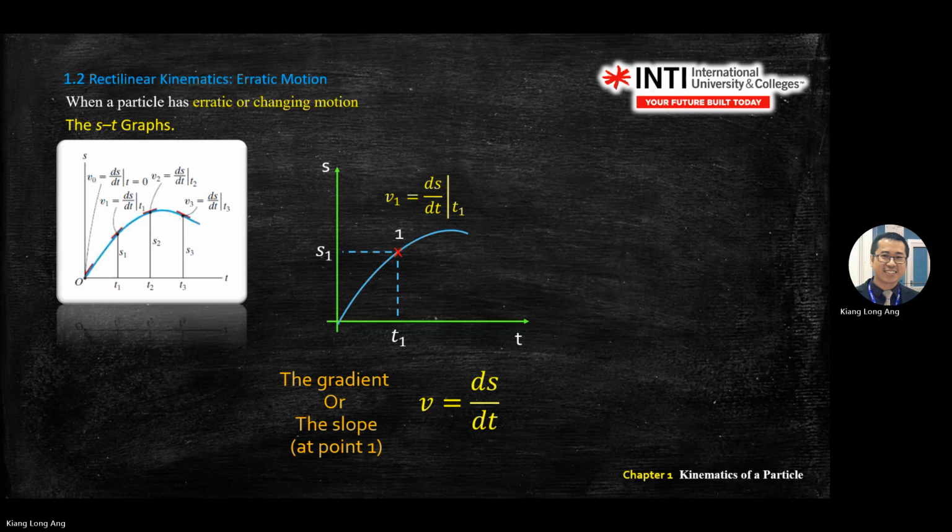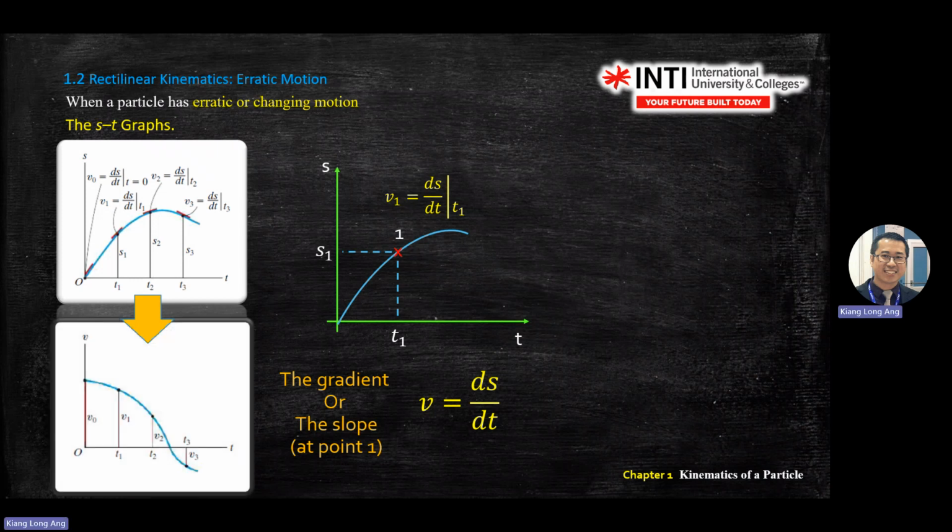Previously in mathematics, how do you get the gradient of a curve? Let's say you want the gradient of this curve at point number 1. Gradient equals dy/dx of a curve, as you learned in mathematics. So we apply the same on the s versus t graph.